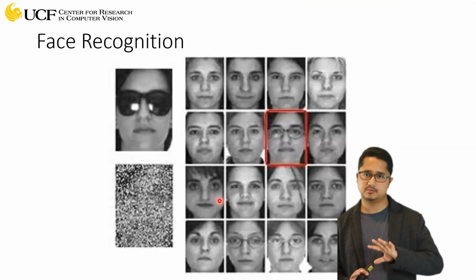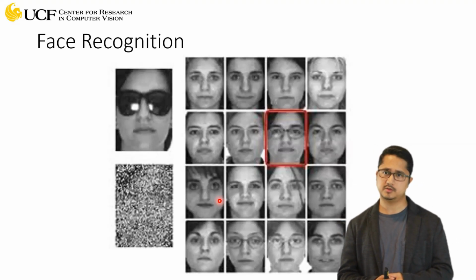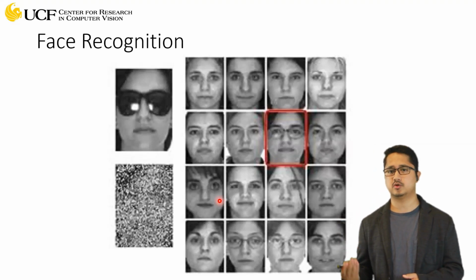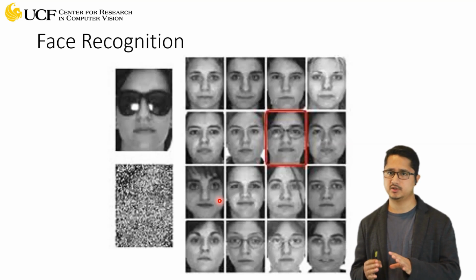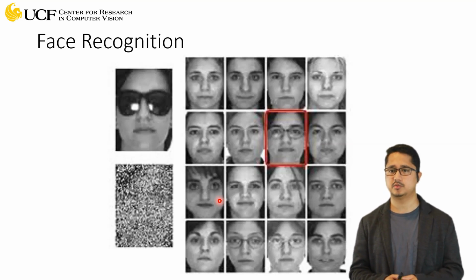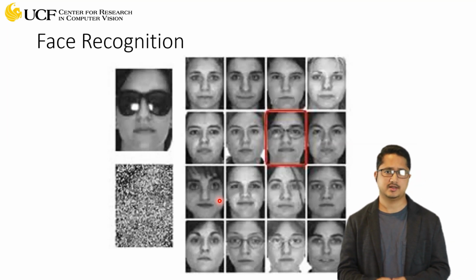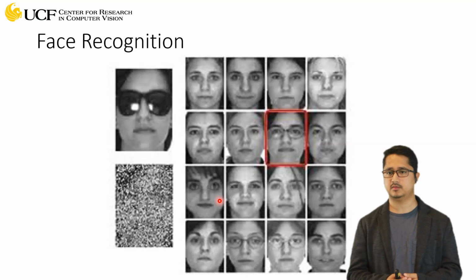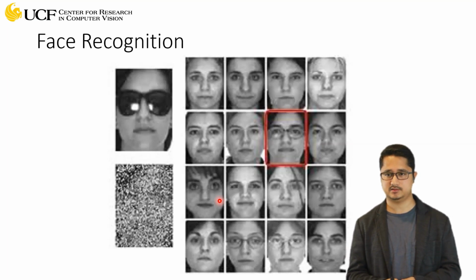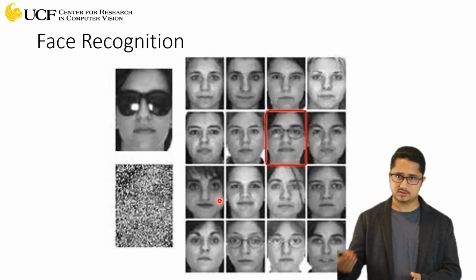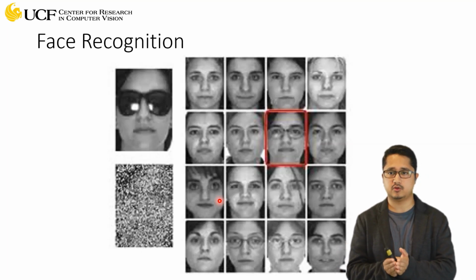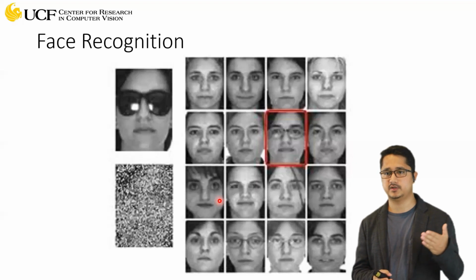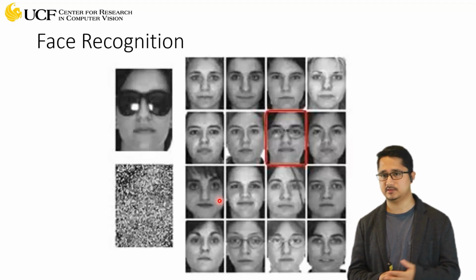Now, those are some classical problems we have in computer vision. Let's talk about some of the other problems which relate to all those fundamental problems, but are actually different. For example, face recognition. The idea here is you will have an image of a person, and you have to identify which individual that is. Even though this is face recognition, if you want to correlate, this is exactly the problem we discussed first, which was object recognition, object classification, right?